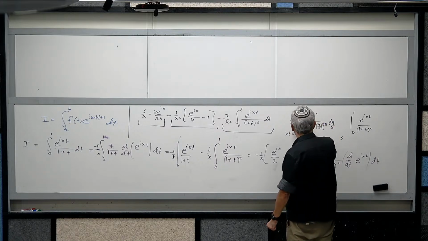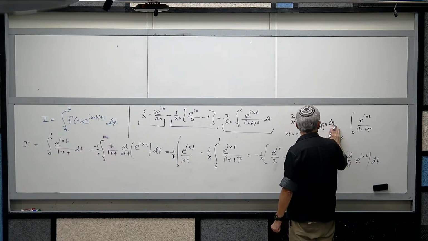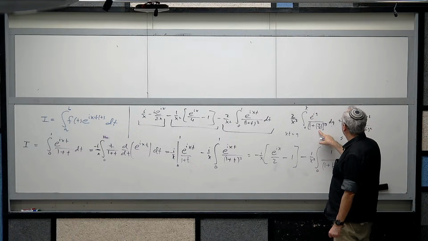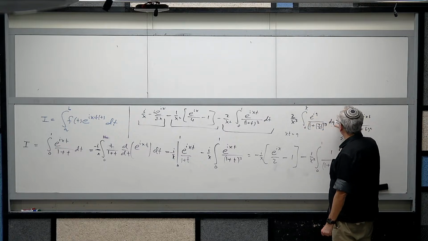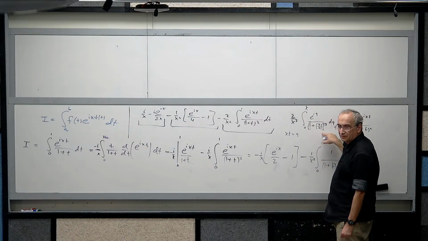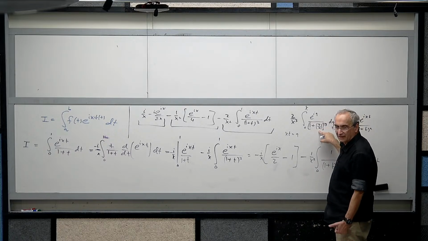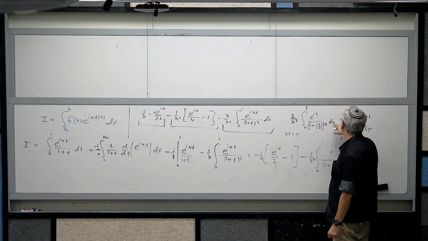Okay, so we have here x cubed, and if x goes to infinity, this will provide me a constant, because I have an integral from 0 to infinity of e to the iq divided by 1. So this will give me something which is x independent.